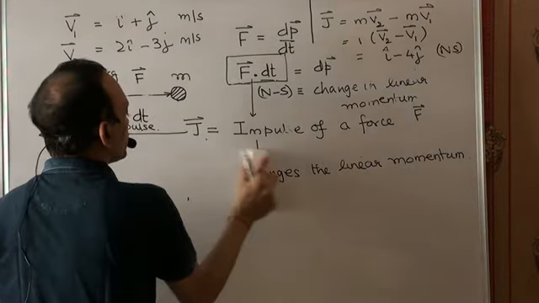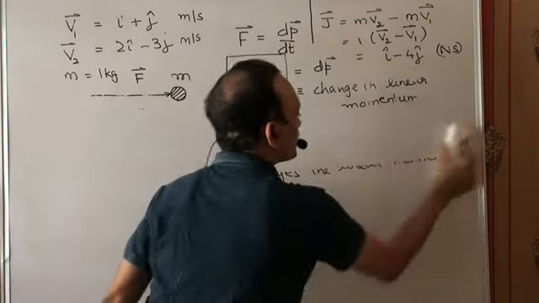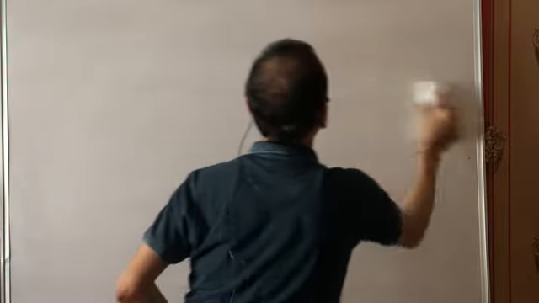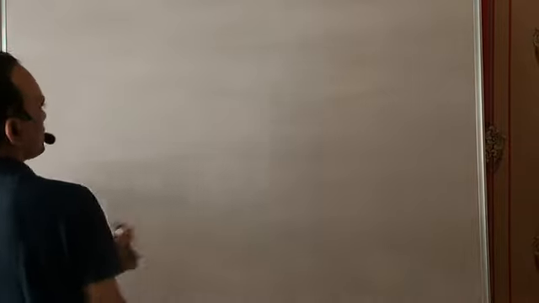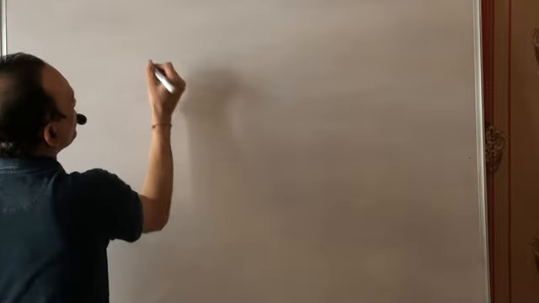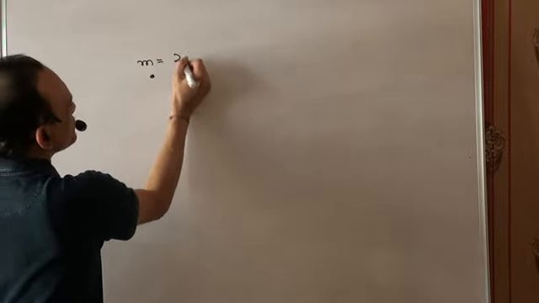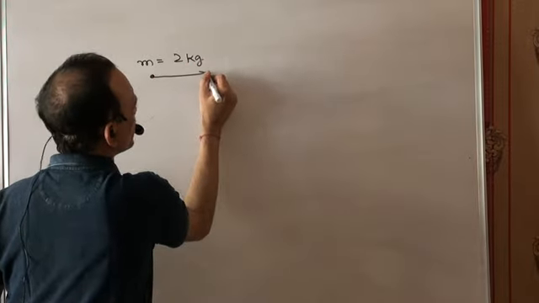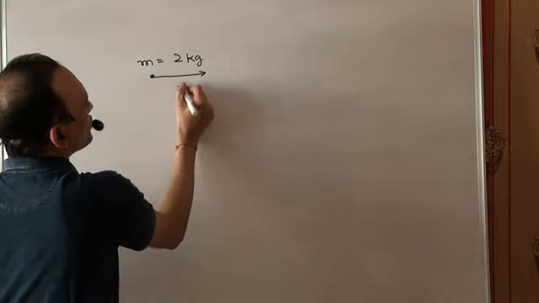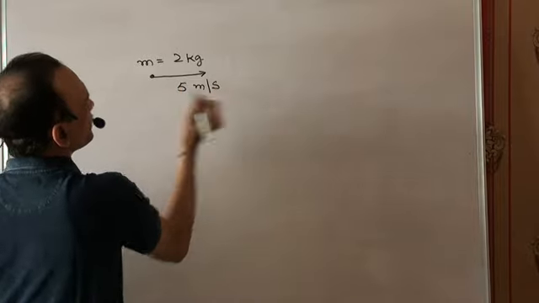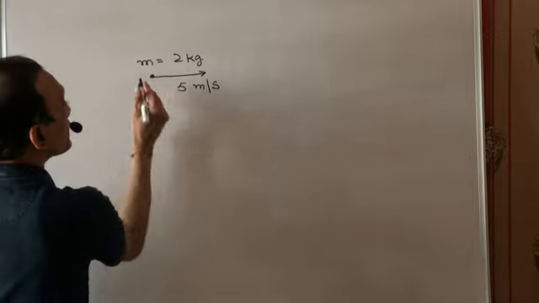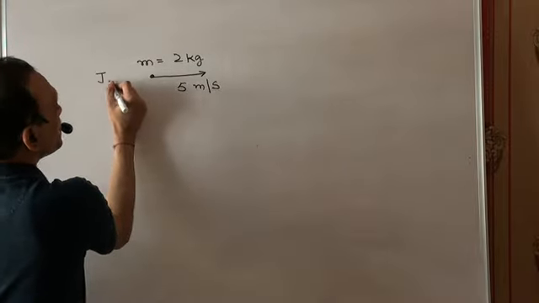Now, there are times when you would encounter a very simple situation of this kind, where, say, there is a particle of mass 2 kg moving along a straight line with a velocity of 5 meters per second, and there is an impulse J acting on it in the direction of its motion.